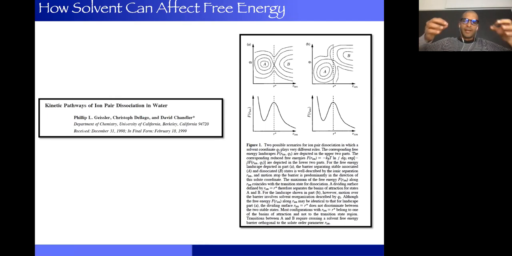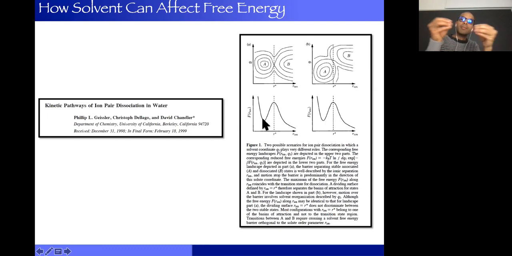It's a classical textbook problem that demonstrates the challenge, and also how solvent can couple into the underlying free energetics in very non-trivial ways. So look at the bottom panels here. The bottom panels are the free energy along the sodium chloride distance in water.